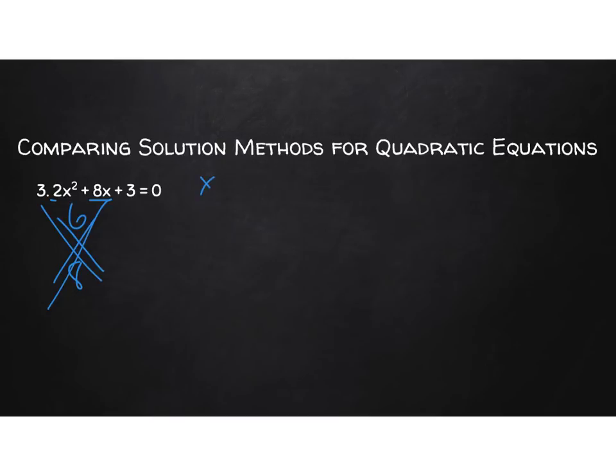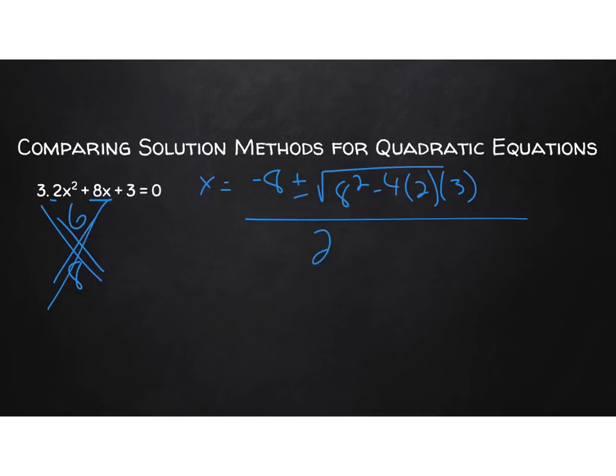So we get x equals negative b, which is 8 this time, plus or minus the radical 8 squared minus 4a, which is 2, and c, which is 3, all over 2a.